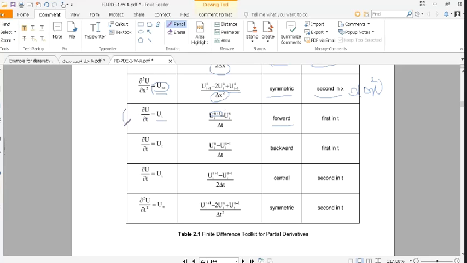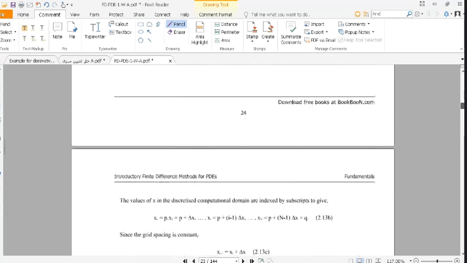If you are careful, you can see for derivative of u respect x, the index i is constant for derivative of u respect t. I is constant.